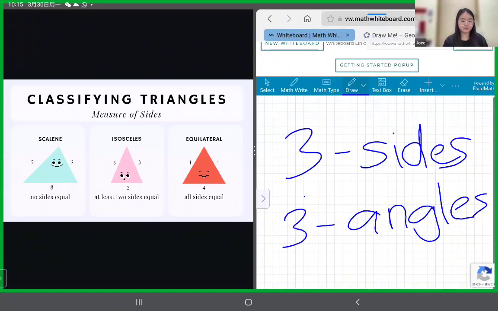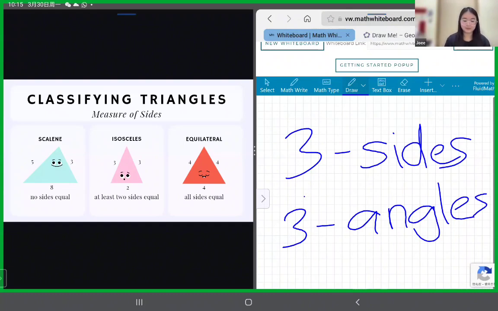But if all the lines are different lengths, then we call it a scalene triangle. So normally if different, we call it scalene; if 2 are the same, isosceles; if all are the same, equilateral triangle.